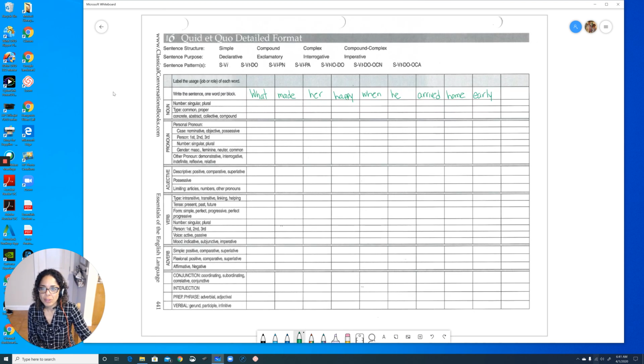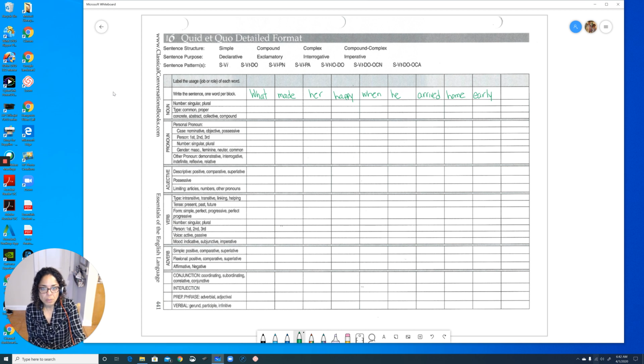Okay, so I'm back with our kind of scary looking Quid and Quo detailed format sheet. I went ahead and wrote down the sentence already, one word per block. The way I use this sheet is each block gets one word. This sentence is, what made her happy when he arrived home early?